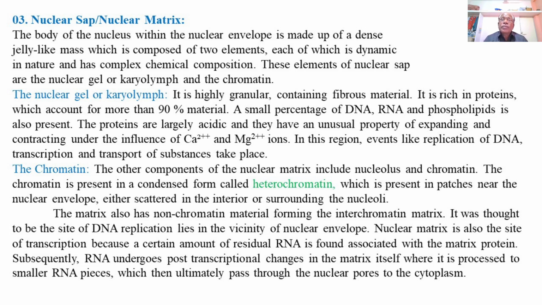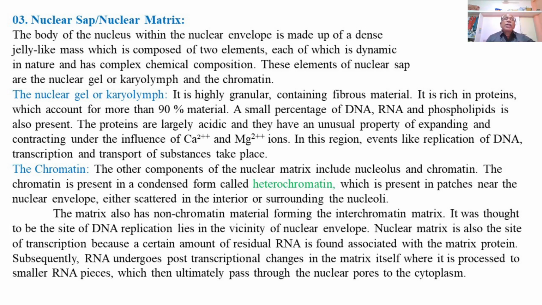The nuclear matrix is also the site of transcription, because a certain amount of residual DNA is found associated with the matrix proteins. Subsequently, RNA undergoes post-transcriptional changes in the matrix itself, where it is processed to smaller RNA pieces, which are then ultimately passed through the nuclear pores to the cytoplasm.